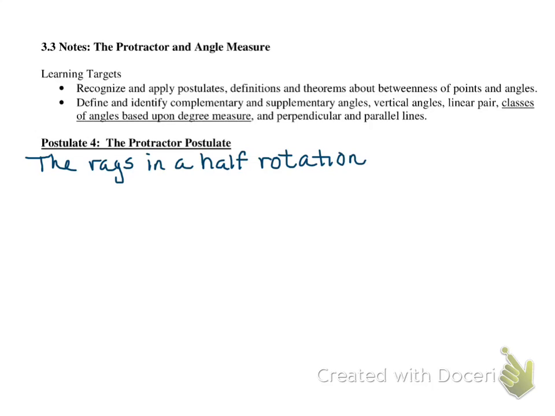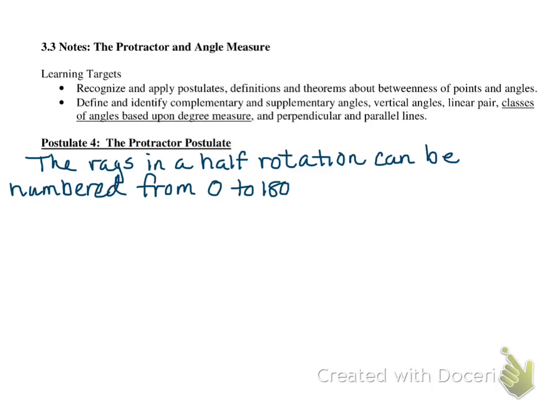So the rays in a half rotation can be numbered, just like we said the points on a line can be numbered for the ruler postulate. Well, the protractor one says the rays can be numbered from 0 to 180, so that positive number differences, this should sound familiar to the ruler postulate.